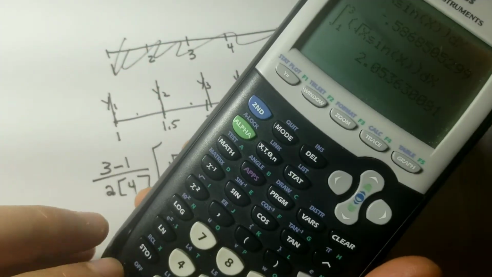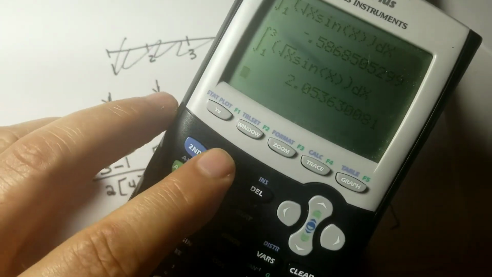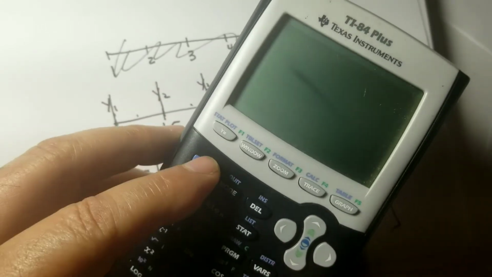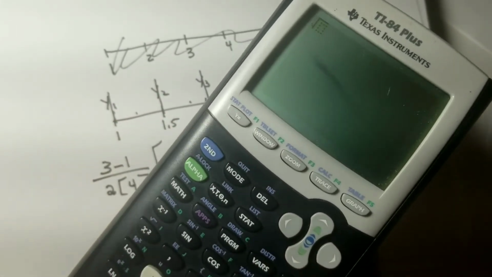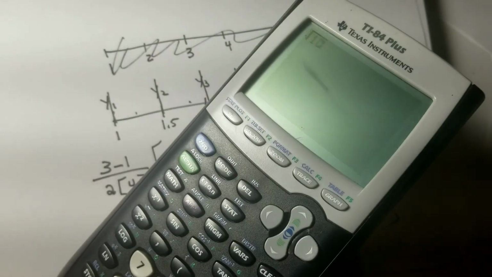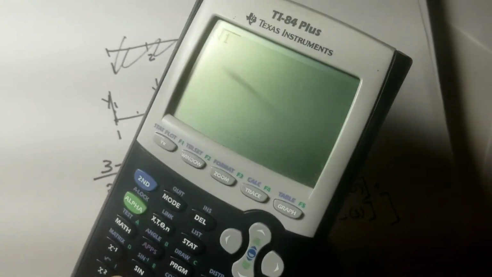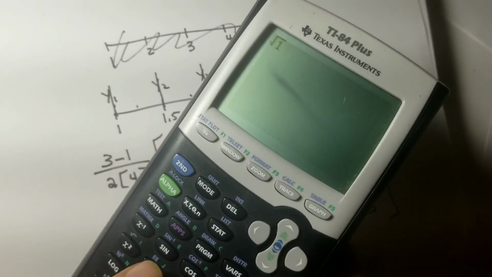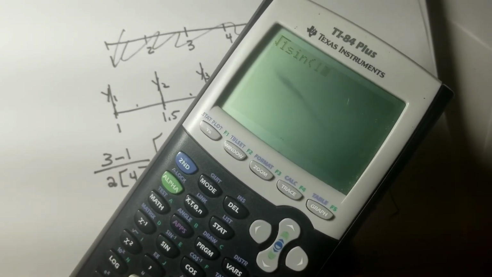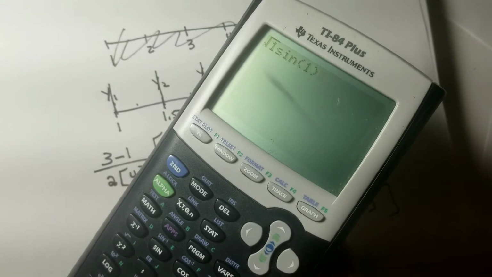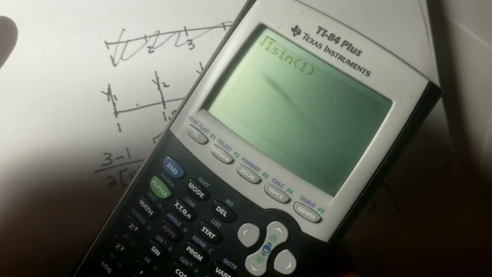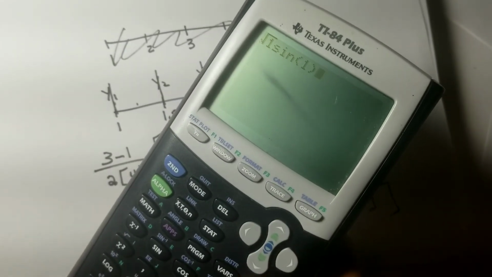Then I'm going to do right here. Turn it on. And I'm going to put square root of 1 times sine of 1. I'm going to show you a shortcut. Okay, just watch what I do.